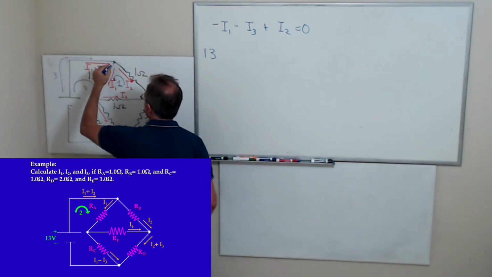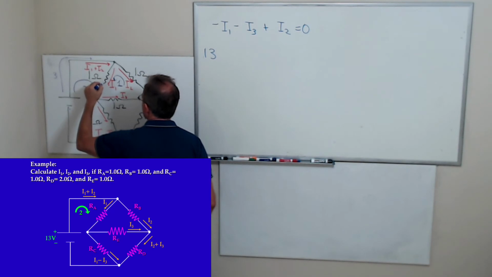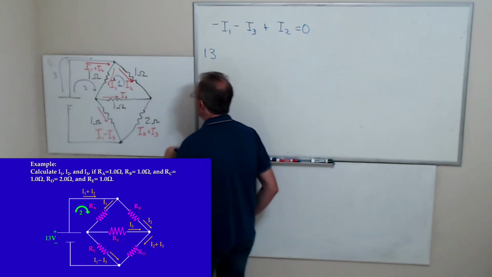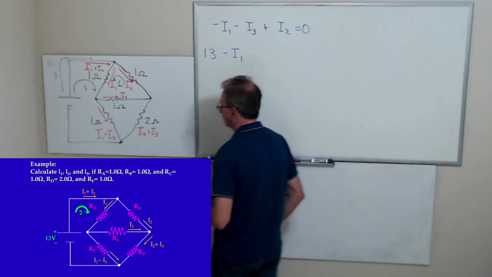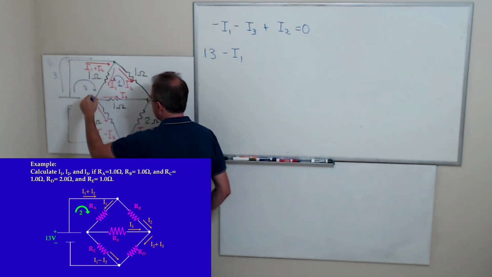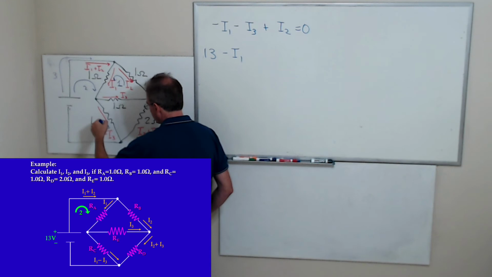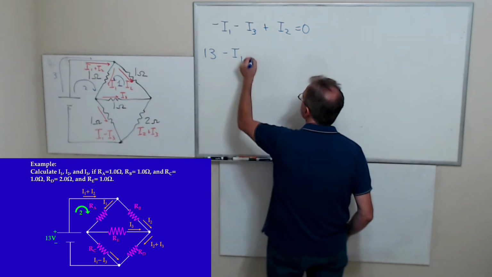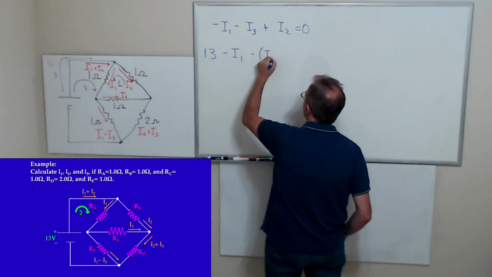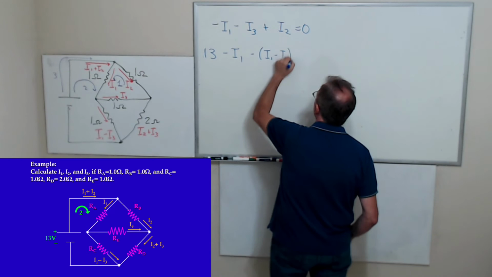Nothing here until I get to this resistor. I'm summing in the direction of the current. And so it's I1 times 1. And then I keep going. I hit this resistor. I'm summing in the direction of the current. So the current is I1 minus I3, and the resistance is 1. And that gives me 0.